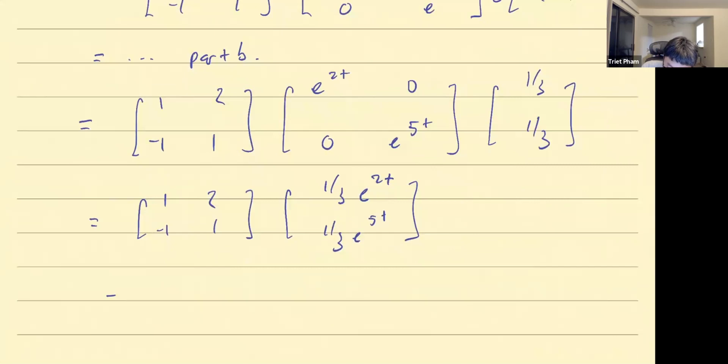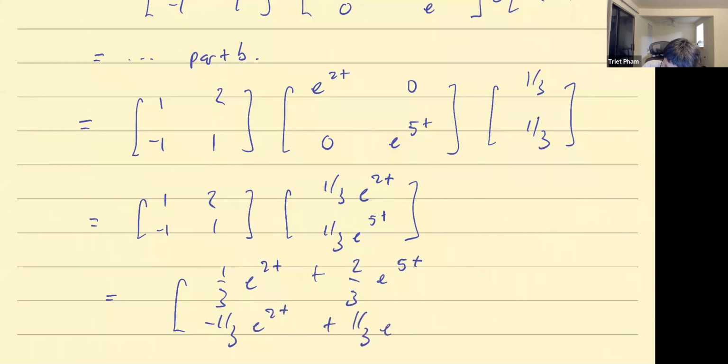So finally I should get 1/3 e to the 2t plus 2/3 e to the 5t, and -1/3 e to the 2t plus 1/3 e to the 5t. Is that what you got? You can check your answer to see if you got 1B right. That's the 1B solution.